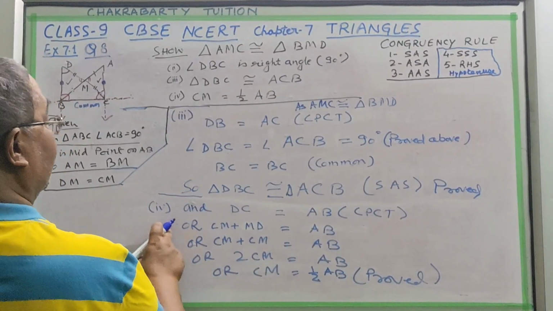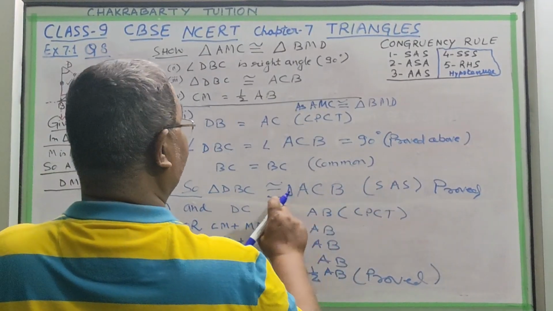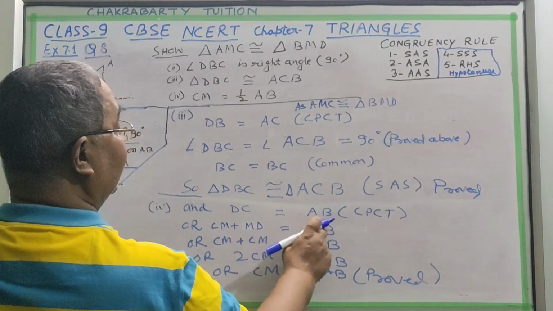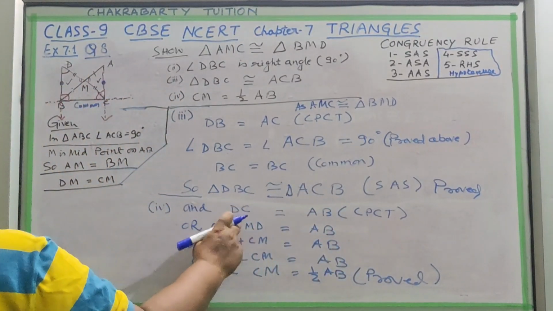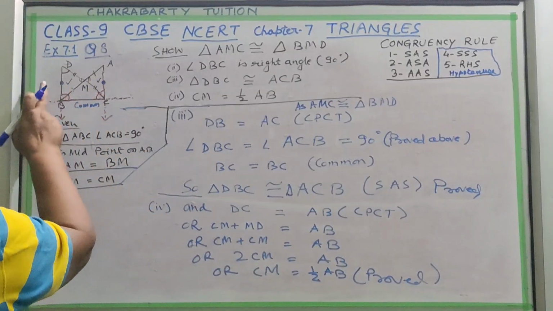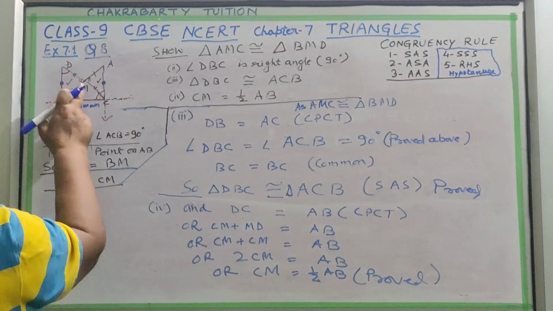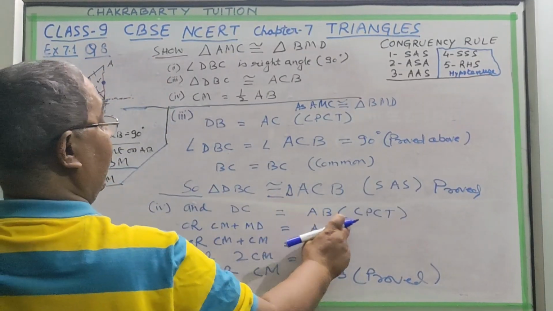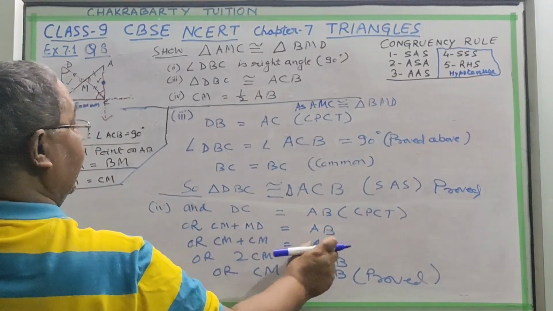Now for the fourth part, we are going further. If this is congruent, it means line DC and line AB will also be equal, corresponding parts of congruent triangles. We are not converting AB because AB we have to prove.